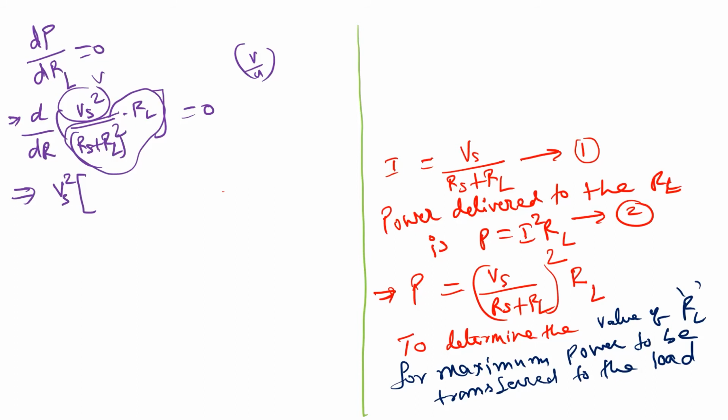So now when you differentiate it, what will you get? Actually you are differentiating with respect to RL. When you differentiate it, this will be 2 into (Rs plus RL).